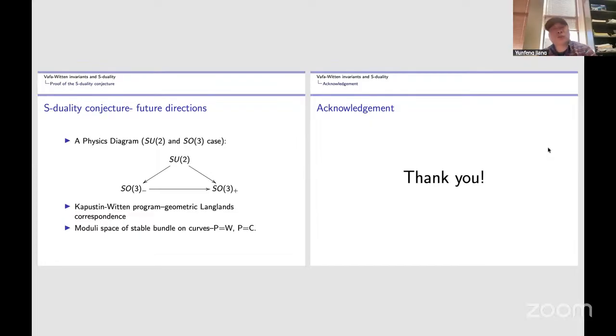They use the so-called endoscopic decomposition from Ngo's fundamental lemma. This endoscopic decomposition, it seems to me, is very similar to the S-duality decomposition, but different, of course. But for me, how to relate these two, I think is very interesting. At least I don't know how to do that. Okay, anyway, I stop here. I think that's all. Thank you so much.